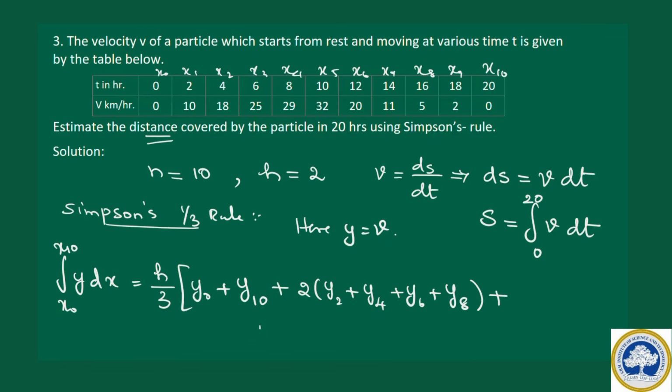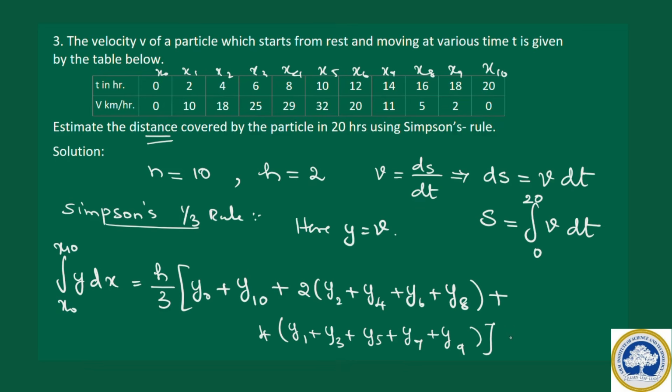Plus 4 times the remaining values, that is y1 plus y3 plus y5 plus y7 plus y9. That's it. So this is the formula for Simpson's 1/3 rule for the given data from y0 to y10.